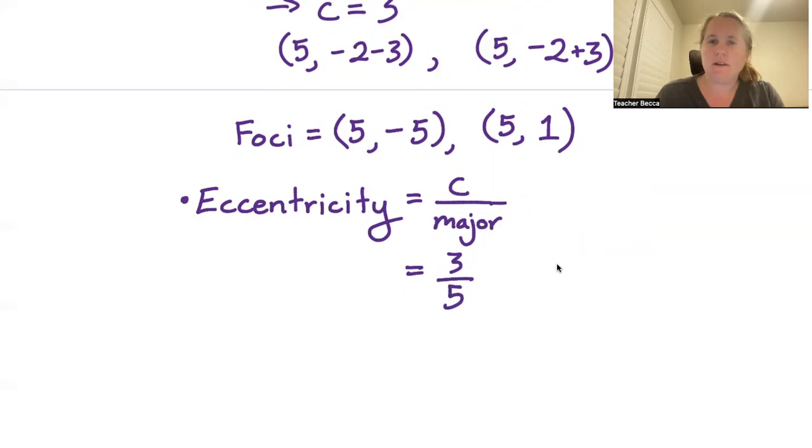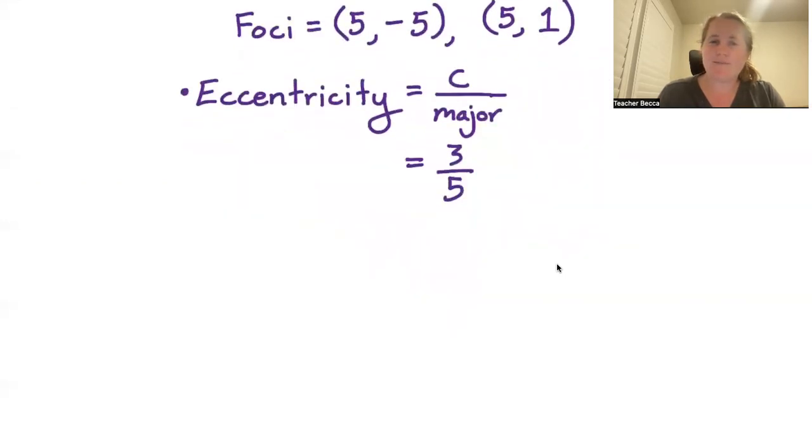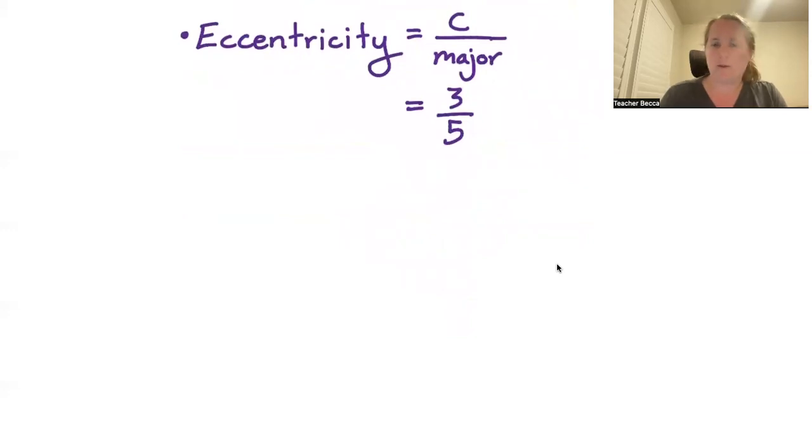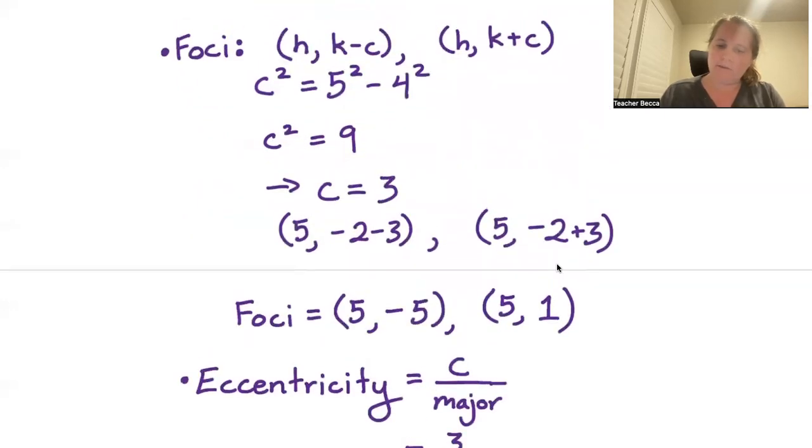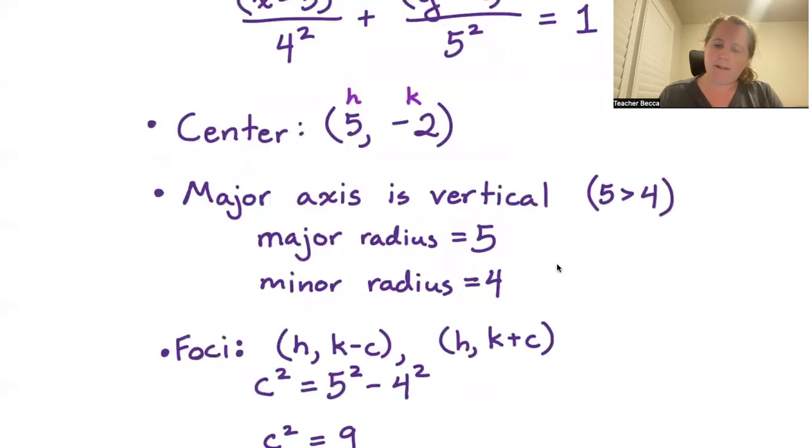So it has a reasonable, or a noticeable, eccentricity. So when we go to graph this, we start with the center, which we know is at 5, negative 2.